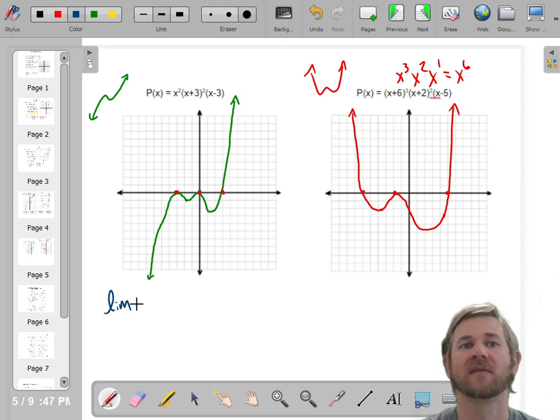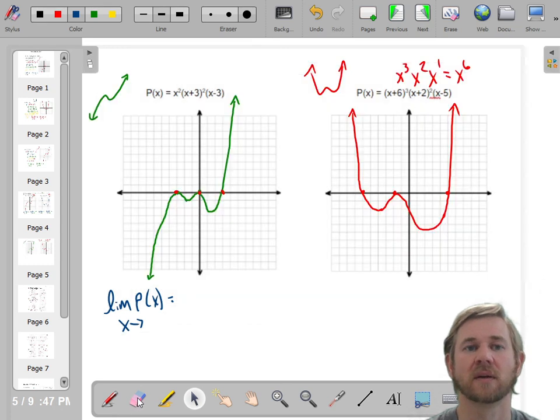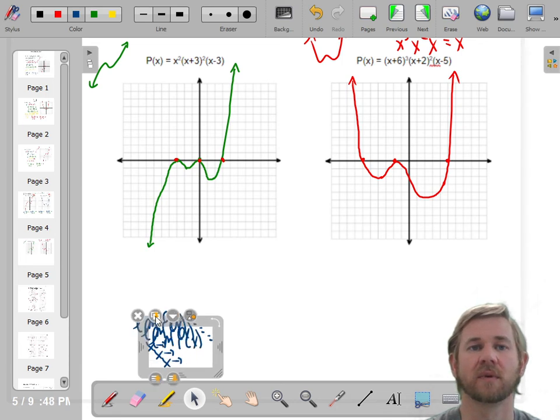The limit of p of x equals as x goes to, and I'm going to make a couple of these. Try again. The limit of p of x equals as x goes to, so I can do both. There we go.